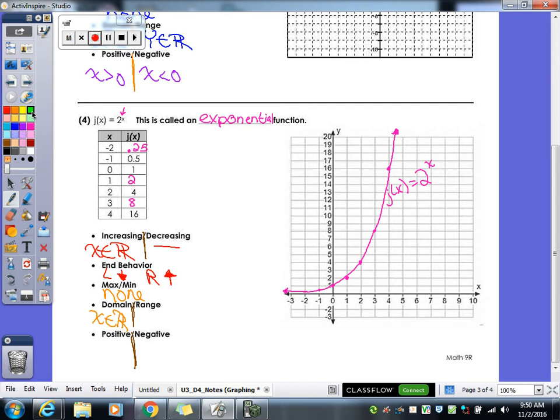Now for our range, and we're going to talk about this more when we get into our exponential functions unit. Your exponential function has this little line right here. We draw it as a dotted line because it's an imaginary line. We don't actually write it in there. It's called an asymptote.